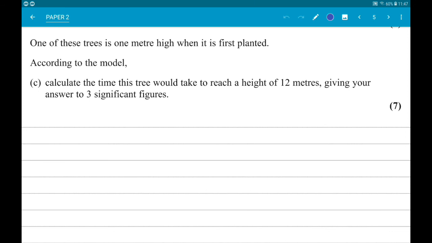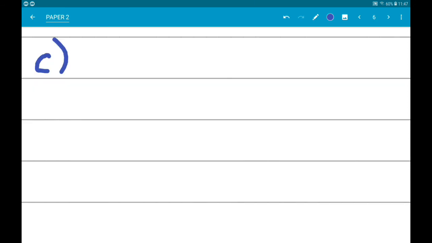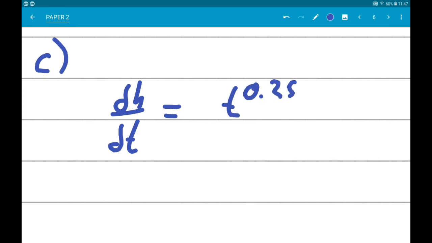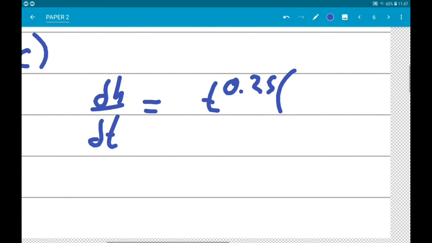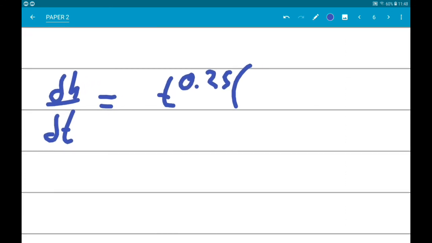So we're going to be able to find the value of k. So we know then dh by dt is t to the 0.25 times 4 minus root h all over 20.